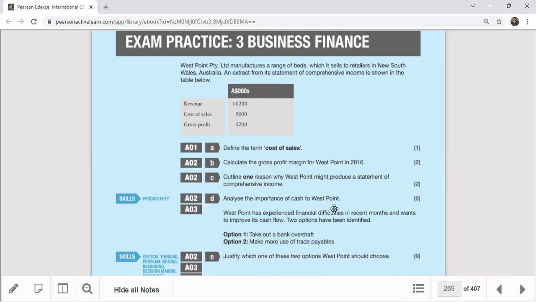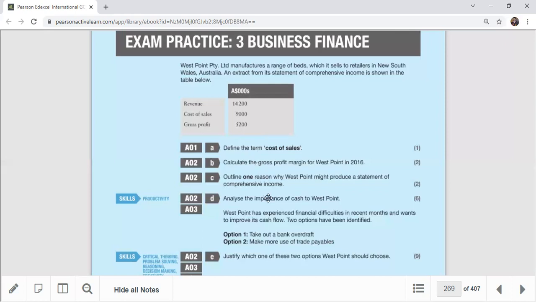Analyze question, importance of cash. This question normally, importance of cash means that if we have the cash position, we can use that money to pay the salaries and wages of the West Point Limited manufacturing organization. The managers, the showroom managers, the laborers, salaries they can pay with the cash.